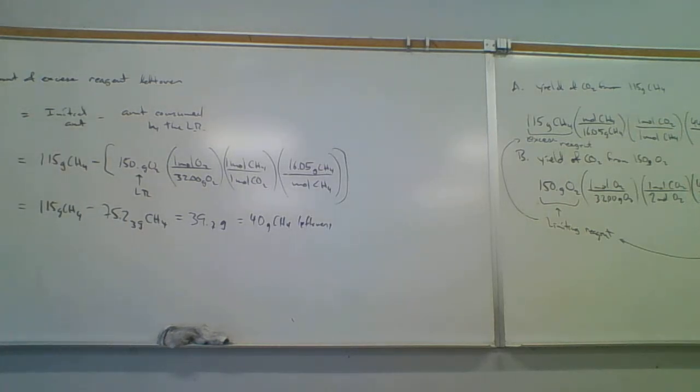So what we're going to do is go from pounds or whatever to the units. Let's say 30 pounds of tires turns out to be 20 tires, just like 115 grams of methane turns out to be this many moles of methane. And 60.3 pounds of frames, let's say that turns out to be 30 frames.